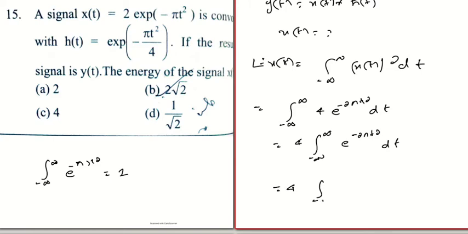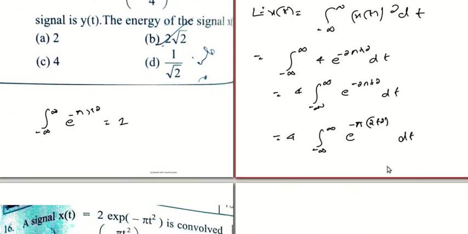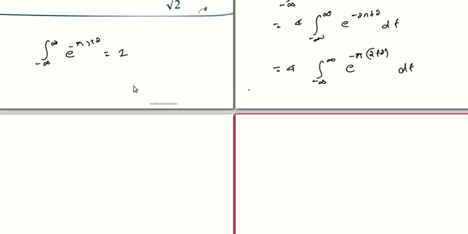So 4 into the integral from minus infinity to infinity, instead of pi into 2 square, rearrange it and write it like that. Let 2t square equal to x square.